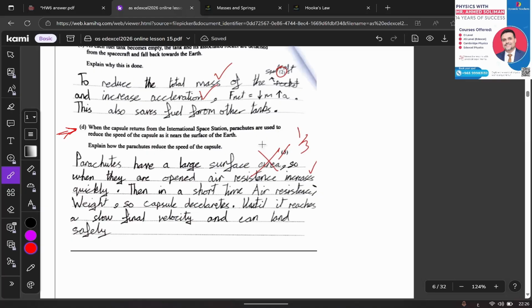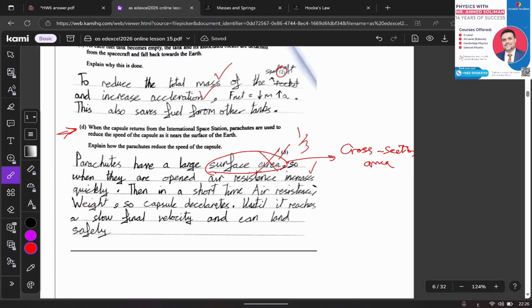It's the surface area. Yes, we have to replace surface area with the cross sectional area. Because if we talk about surface area, we are talking about a 3D object, like volume, for example. What else?